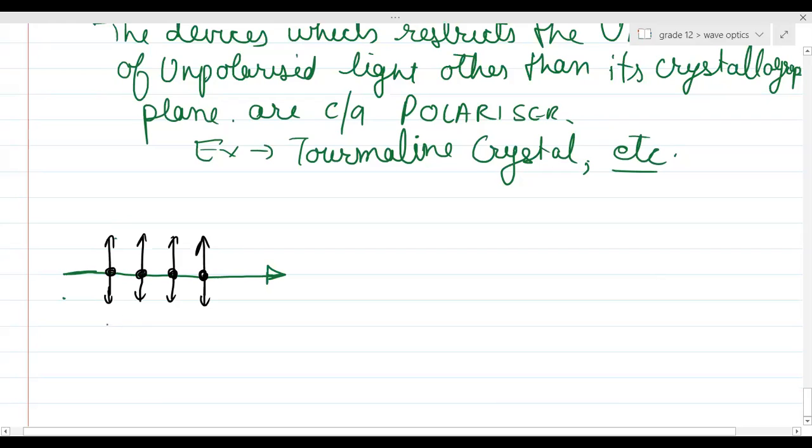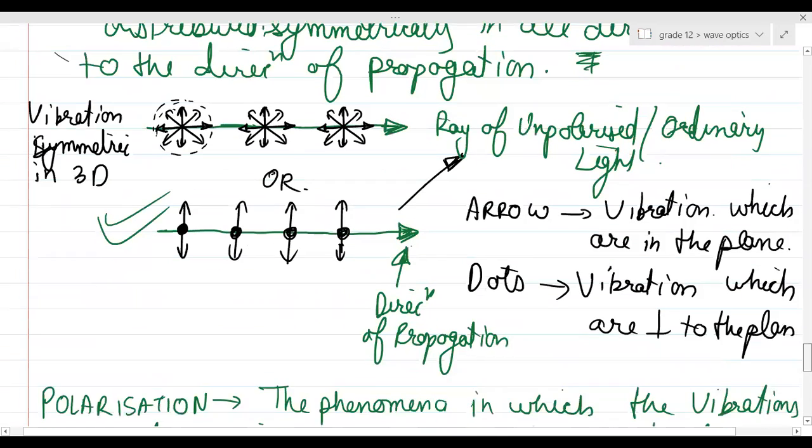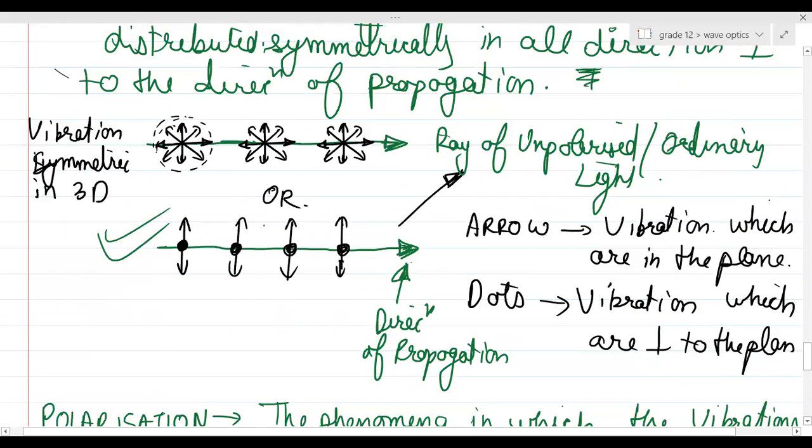So what kind of light is it? Unpolarized light. Whenever the arrows and dots are together, it's unpolarized light. Okay, it's ordinary light, right? I've only said it's ordinary light, I haven't said polarized.